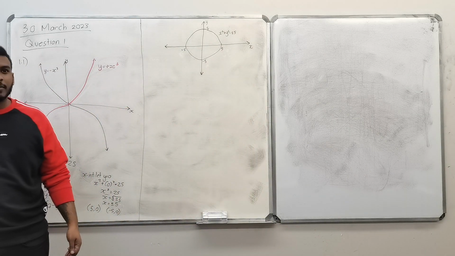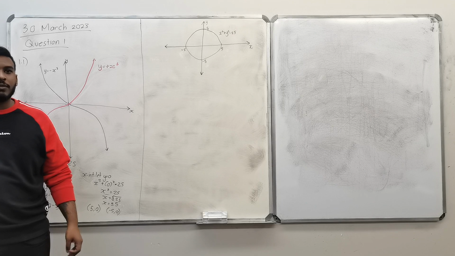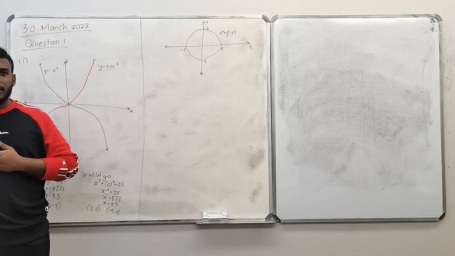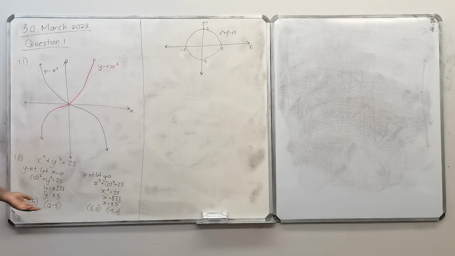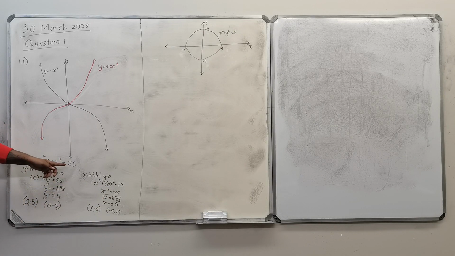Remember that from looking at this, you don't even have to do this calculation, because you know that r squared is equal to 25, so r is equal to 5. It's a circle, and that's the radius. So from the center point, it's going to go through 5 units around.